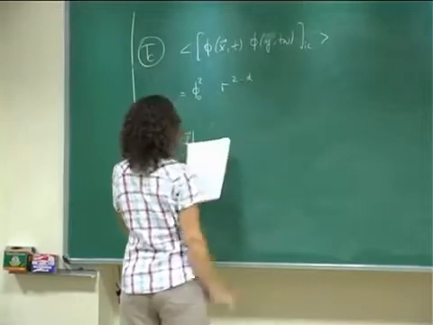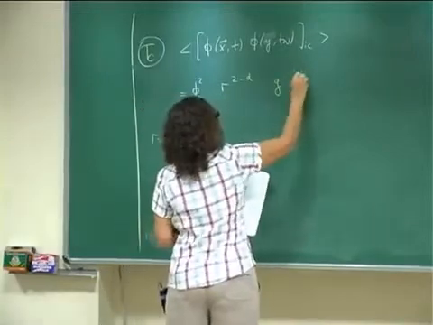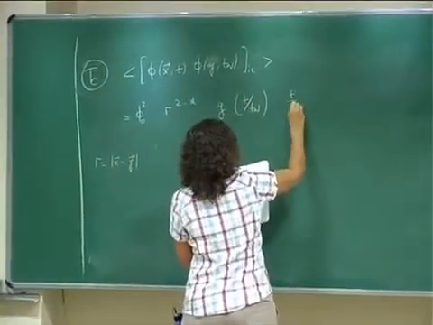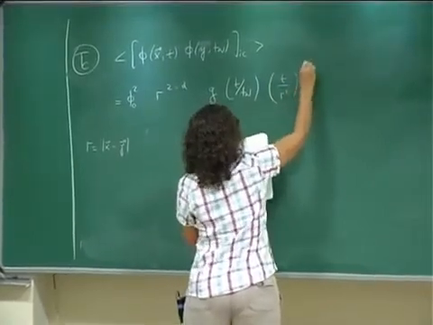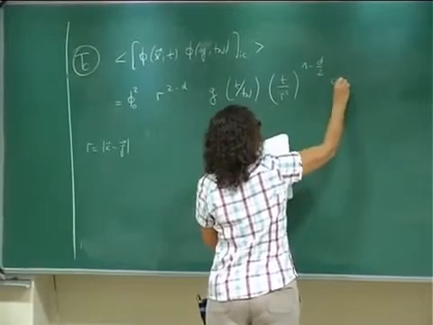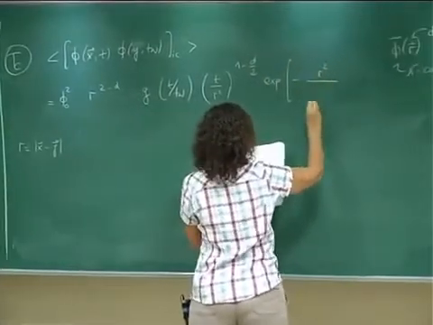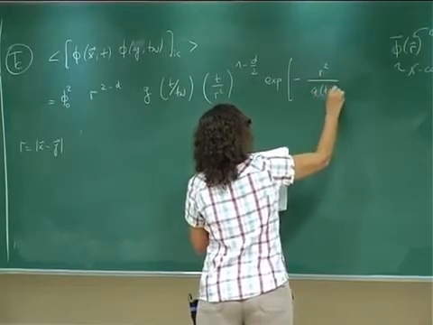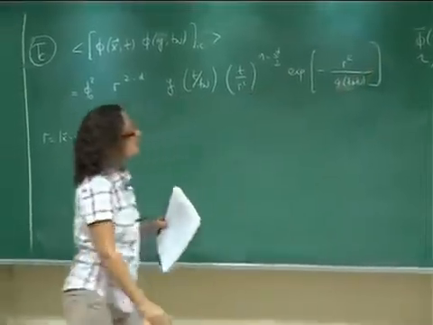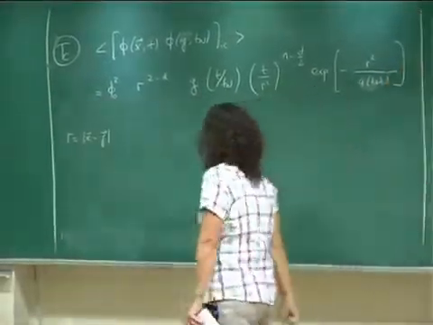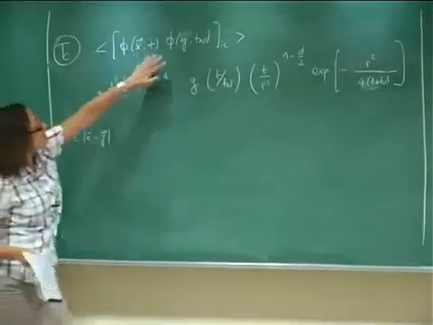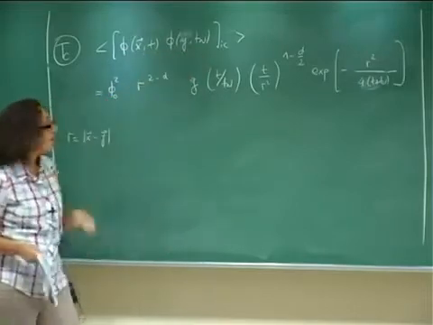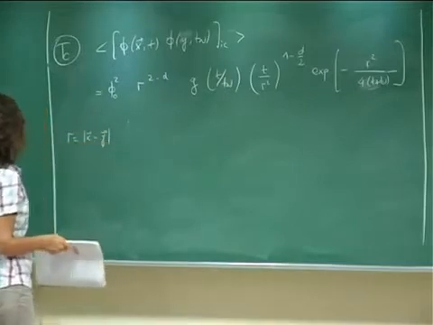So r to the minus 2 minus, there is a function of t over tw here, and there is a t over r squared to the 1 minus d over 2, and there is an exponential of minus r squared over 4 t plus tw. Okay, so this is the final expression for the space and time correlation function. I put different points in space, different points in time. It's just from plugging the solution into the averages.